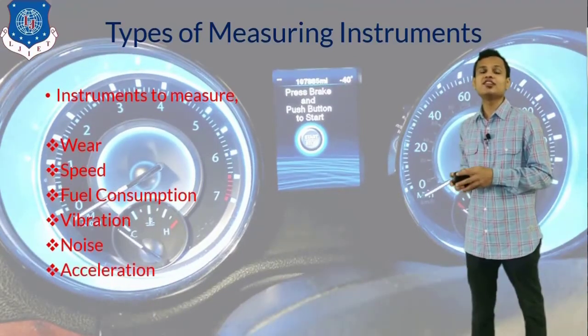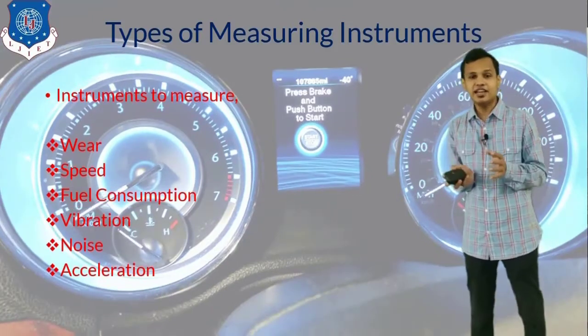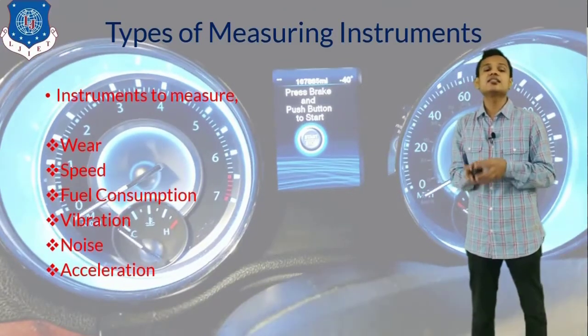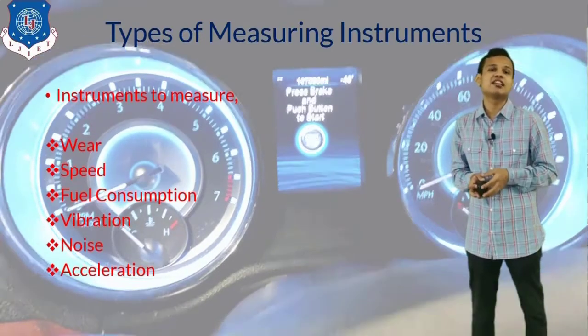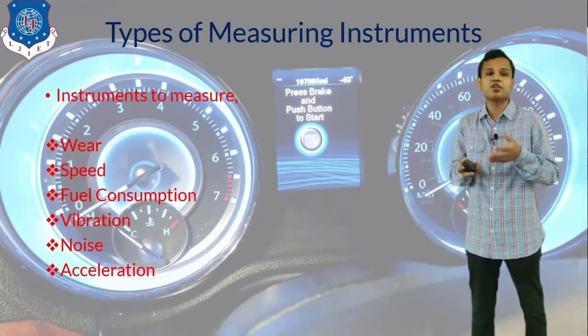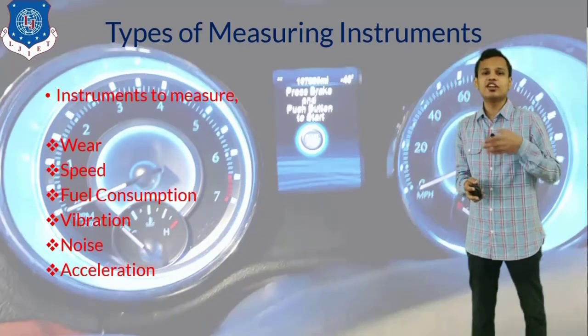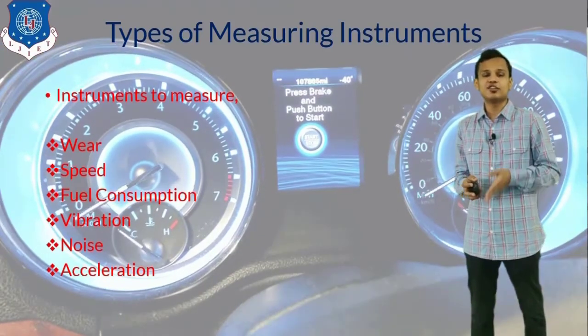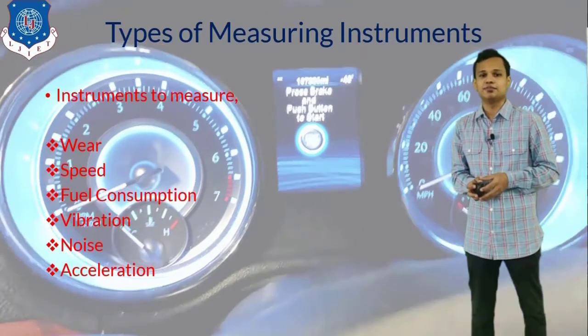The last thing that needs to be measured is the acceleration of the vehicle, which is generally the pickup of the vehicle. Whenever we drive, we want our vehicle to have a good pickup and run smoothly when we start it. So that will also be measured. These are the major aspects that need to be measured whenever we are inspecting the vehicle.